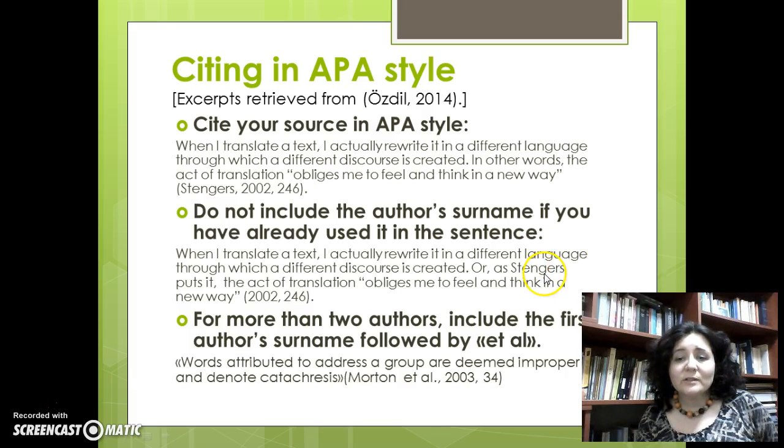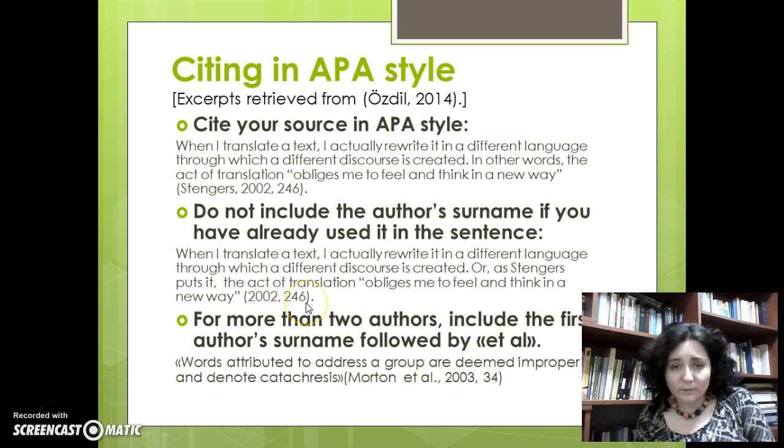In this case, she doesn't need to include the writer's name again in her in-text citation, because it's in the same sentence and there will be redundancy. So she omits the surname of the writer and only includes the publication year and the page number.